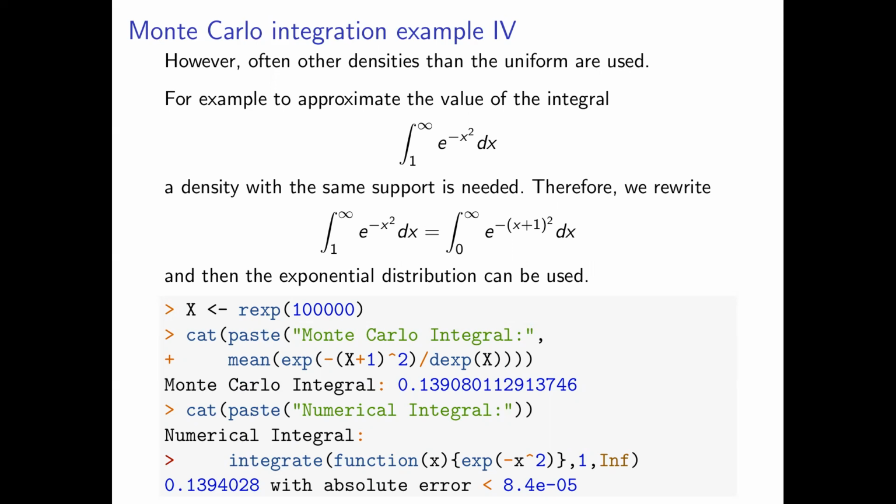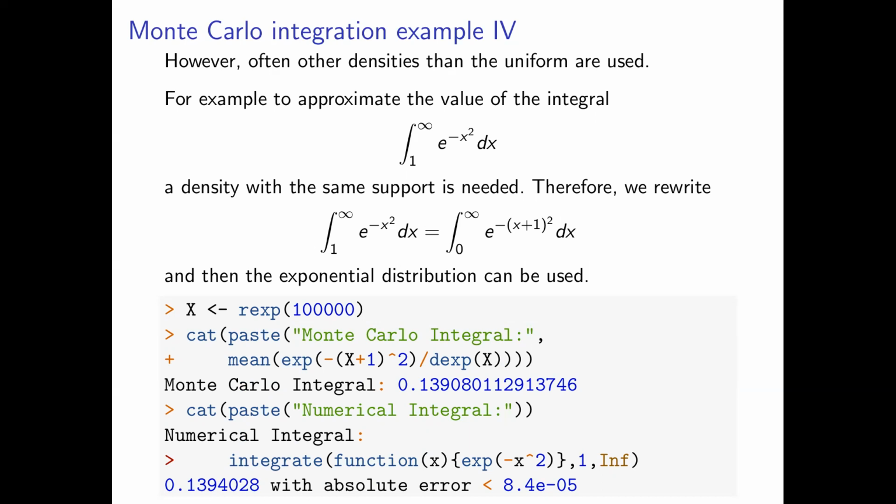As we should be aware, this does not have an analytical solution, so we do not have the analytical solution as a comparison. We only have numerical integration here as an option.